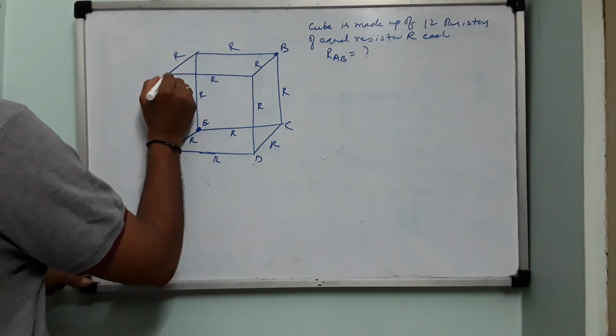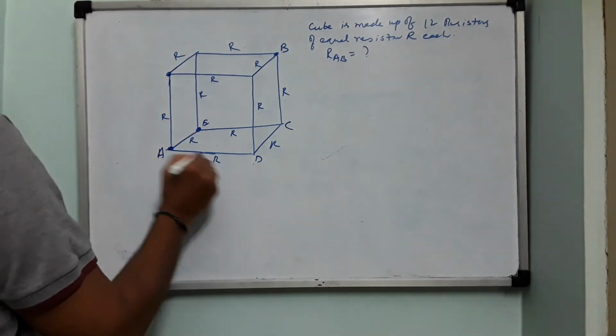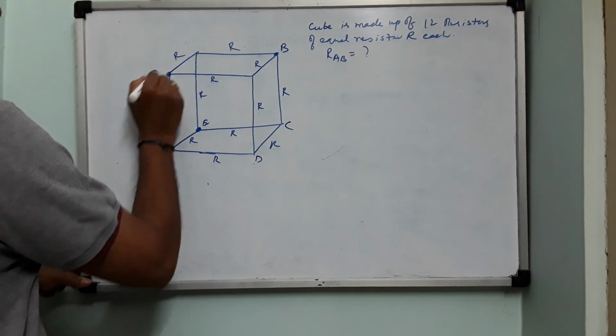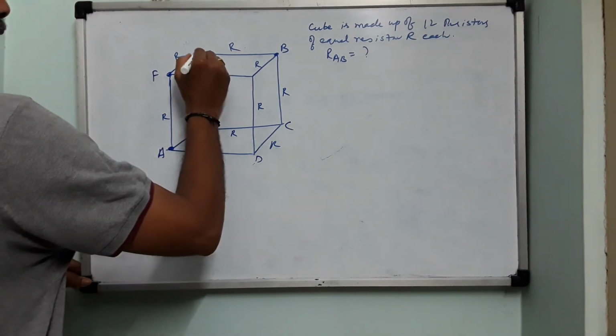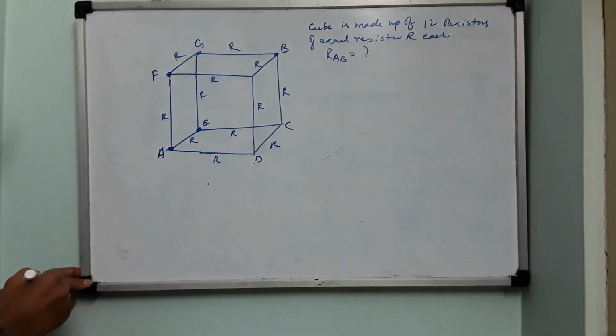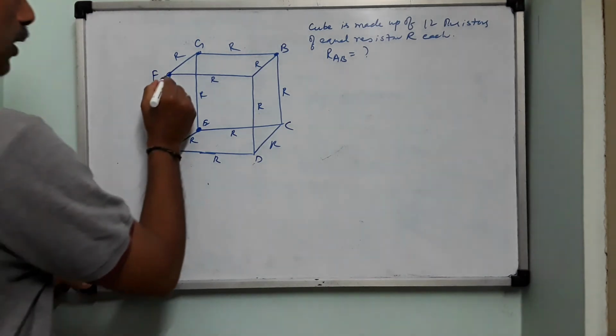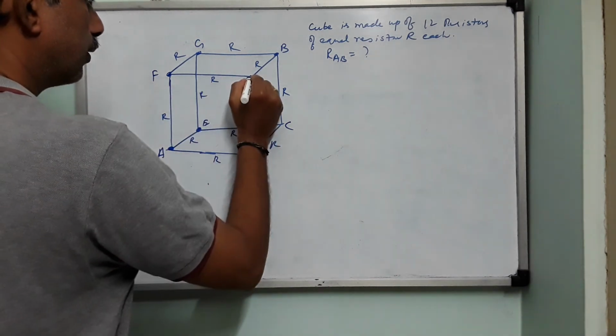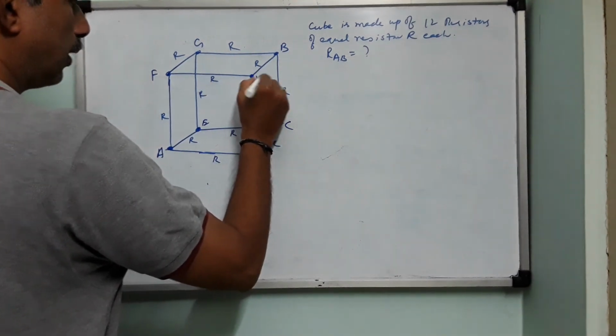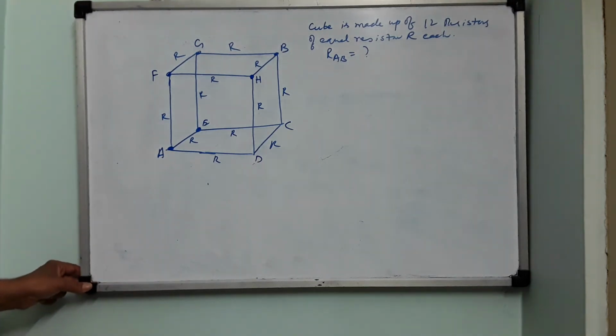But here is a junction, F, and these two are joining here, and this is G, and here is another junction, H. Any other junction? That's all.